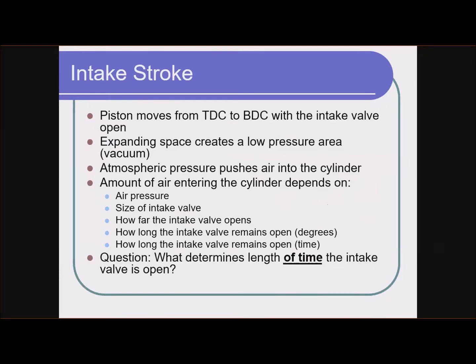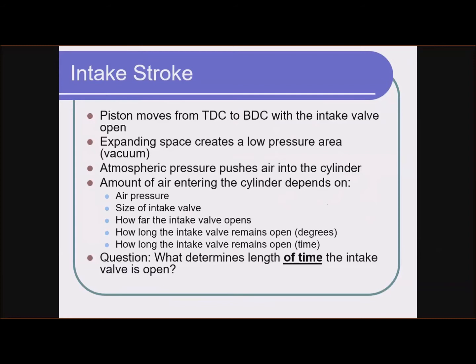How many degrees of crankshaft rotation is that valve open for? This used to be just fixed. But we have variable valve timing, so the number of degrees stays the same, but when it opens and when it closes can change. So that's based on the shape of the camshaft lobe.